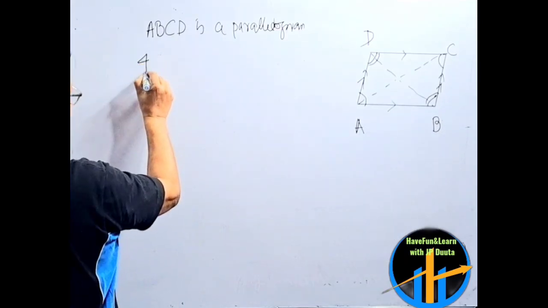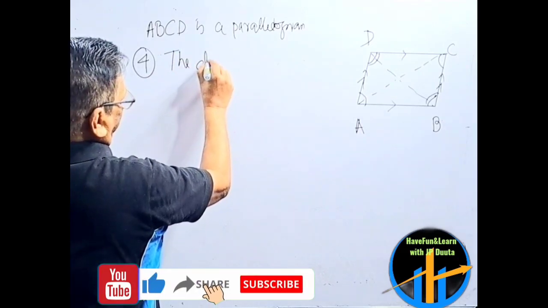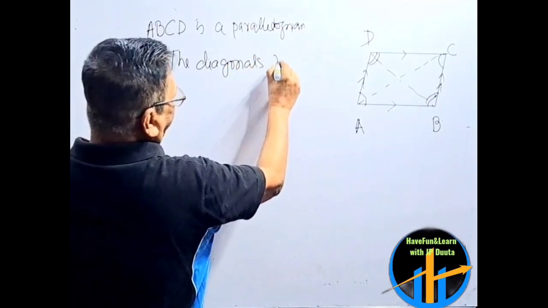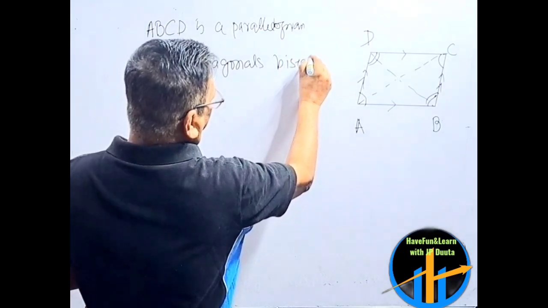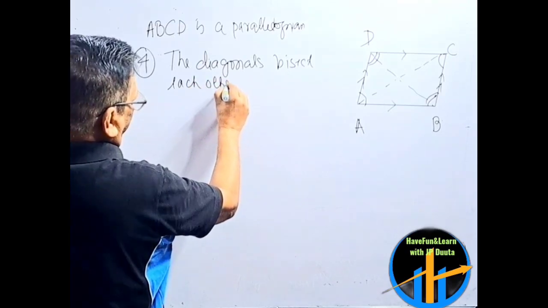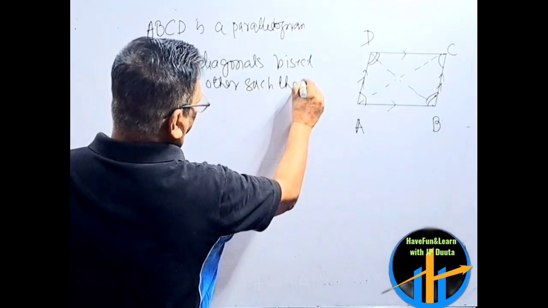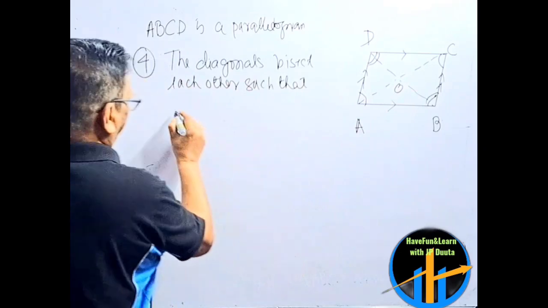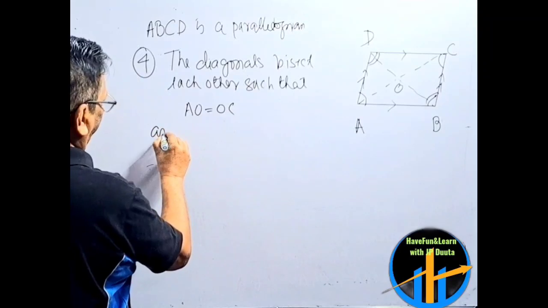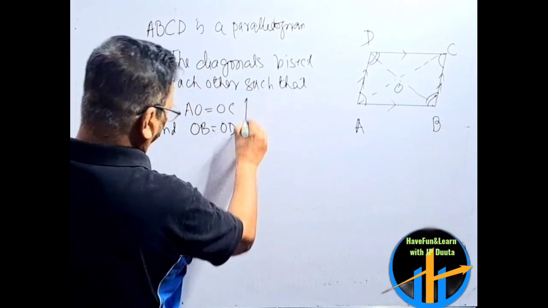Property number 4. The diagonals bisect each other, such that if this is O, AO is equal to OC and OB is equal to OD.